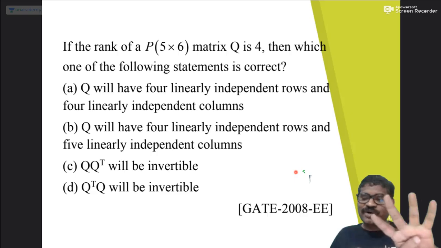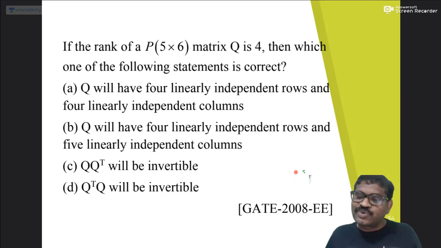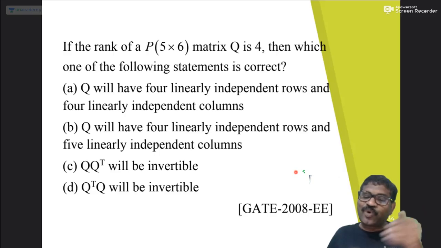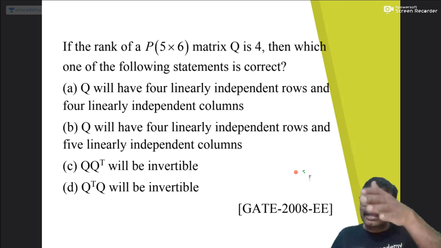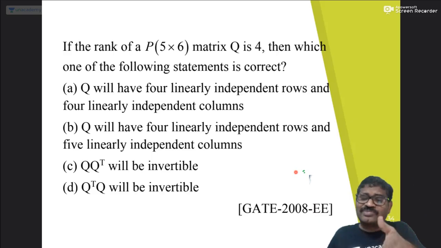So rank is 4. According to my operations, I can say there are 4 linearly independent row vectors. Suppose some other student has applied column operations and got column echelon form. He found 4 non-zero columns. He will say 4 linearly independent column vectors.